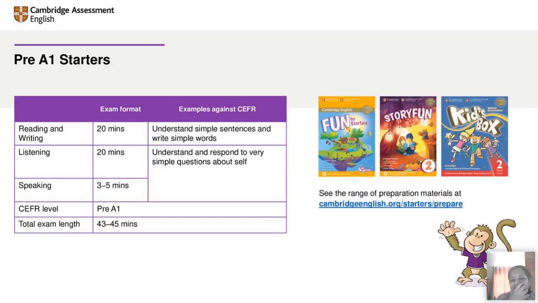Now, listening, again, there is a small audio or a rhyme or a song or something that is played, which will have some cues. So it could be something like, the wheels of the bus go round and round. And maybe there is a picture of a bus with four options of wheels, which are either round, square, triangle, or some other shape.